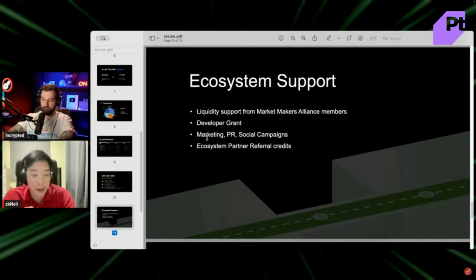Now that we have done the product, we need developers to come in and help us build on top of it. So if you're a dev team looking to build something cool on the layer 3, you're up for a challenge, do come over and check us out. Feel free to reach out to us on our socials. We offer grants. We also offer liquidity support and also marketing and other campaigns.